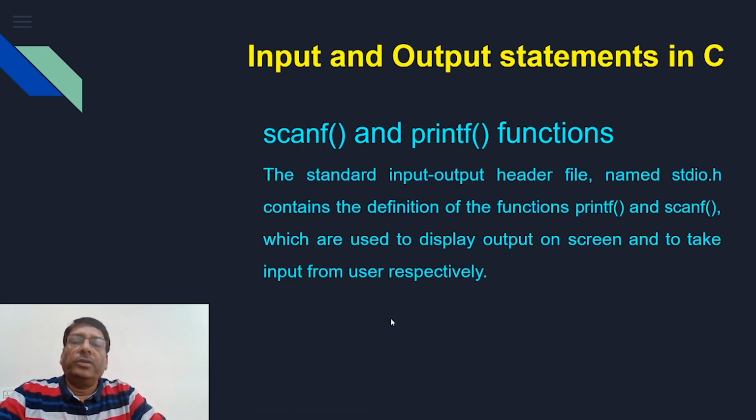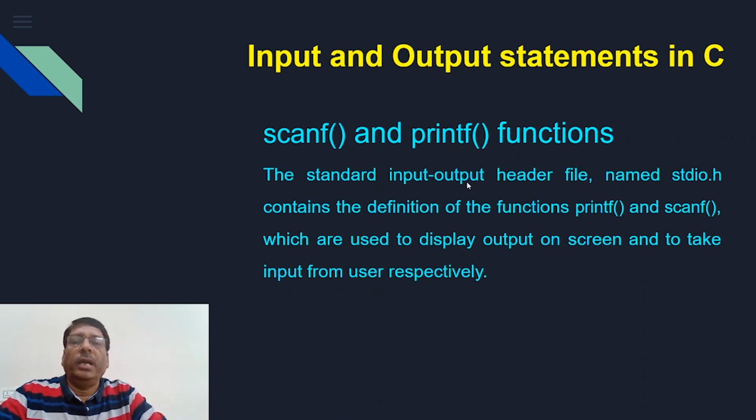Then we'll try to understand over here what are the various input and output statements in C language. So today we'll try to understand a statement called scanf, which is called as an input statement, and a statement called printf, which is called output statement. So we call it as scanf and printf functions in C language because when you make use of these functions, they are going to perform some tasks for us.